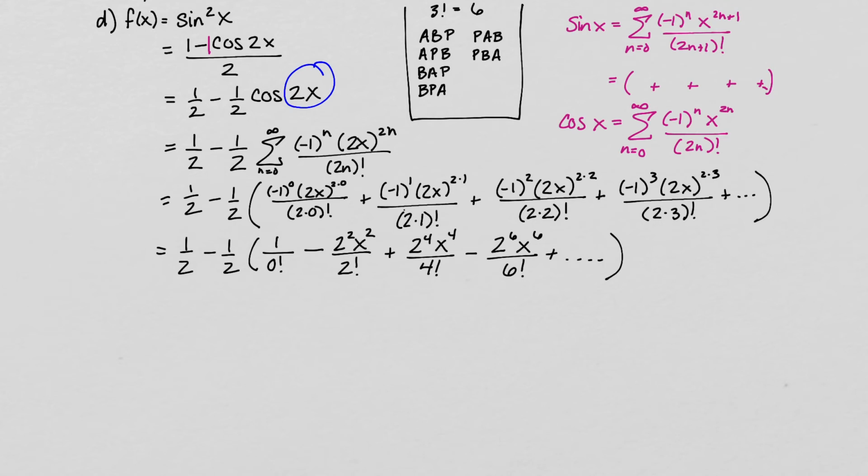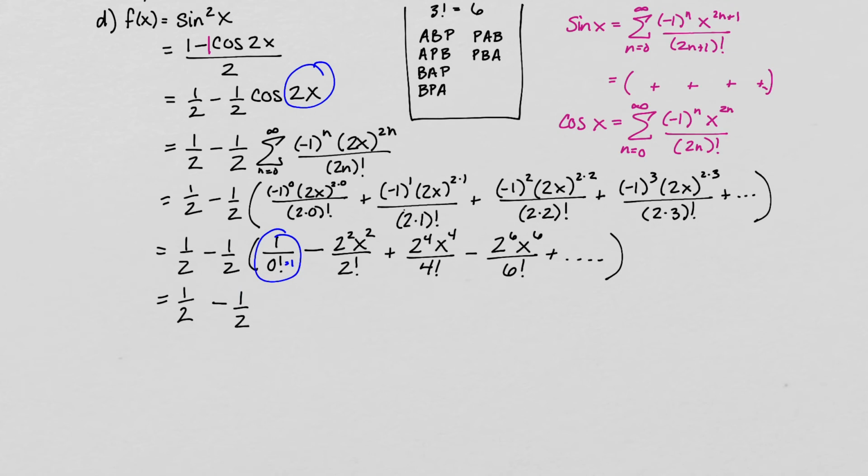Okay. So I can take that 1/2 and multiply it through. If I take that 1/2 and multiply it through, 1/2 times this, we said 0 factorial is 1, so that's just a giant 1. So that's going to be 1/2 minus 1/2.